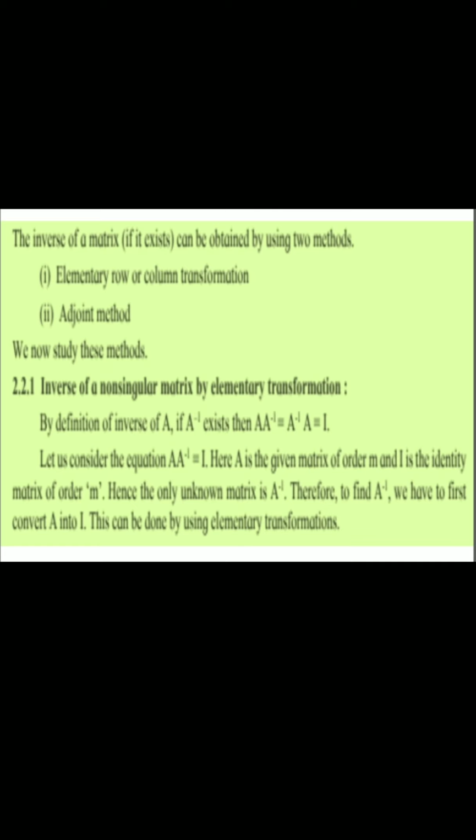Here, matrix A is the given matrix of order m and I is the identity matrix of order m. Hence, the only unknown matrix is A inverse. Therefore, to find A inverse, we first have to convert matrix A into the identity matrix I. This can be done by using elementary transformation.